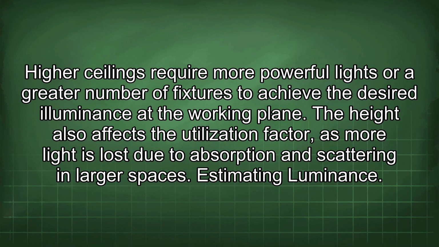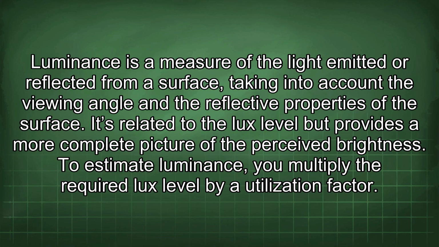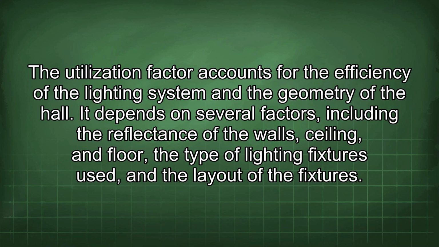Estimating luminance. Luminance is a measure of the light emitted or reflected from a surface, taking into account the viewing angle and the reflective properties of the surface. It's related to the lux level, but provides a more complete picture of the perceived brightness. To estimate luminance, you multiply the required lux level by a utilization factor. The utilization factor accounts for the efficiency of the lighting system and the geometry of the hall.